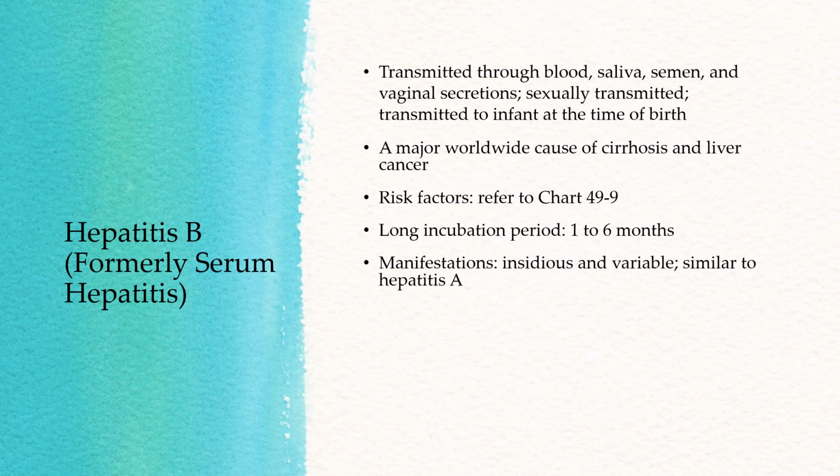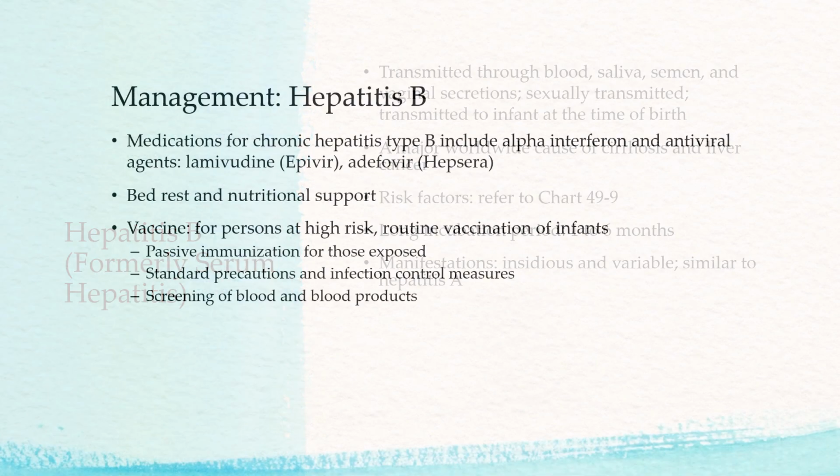If you look on that chart 49.9, you'll see the risk factors. It's a long incubation period, 1 to 6 months. So by the time you start seeing signs and symptoms, you may not remember where you picked it up at. Manifestations are insidious and variable and very similar to hepatitis A.